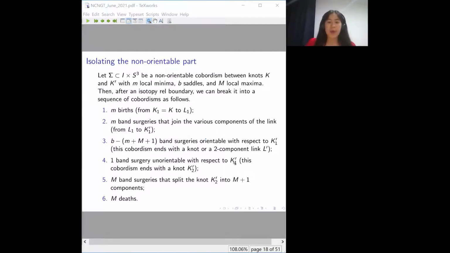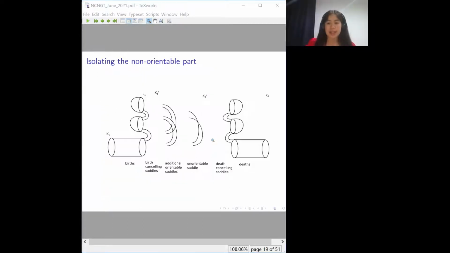And then you have one band surgery that's non-orientable with respect to that knot, and then you have the death-canceling bands and the deaths. So this is an image of what's going on. You start with your births and your birth-canceling saddles. These additional saddles are orientable with respect to K1′, and then there's one saddle that's non-orientable with respect to K1′, and then you have the death-canceling saddles and the deaths.